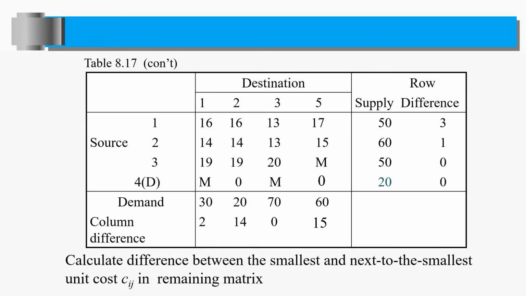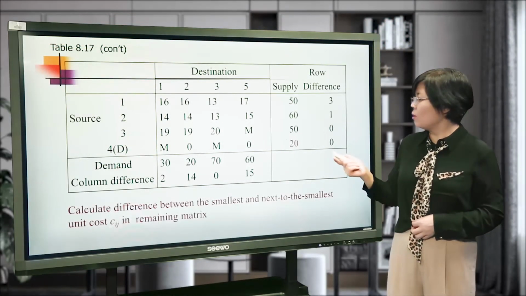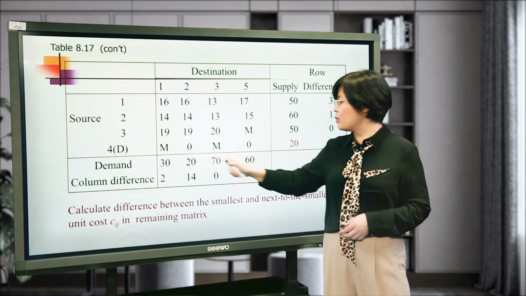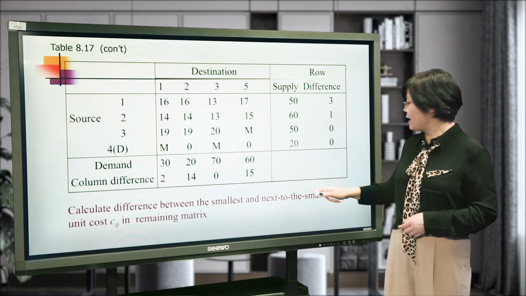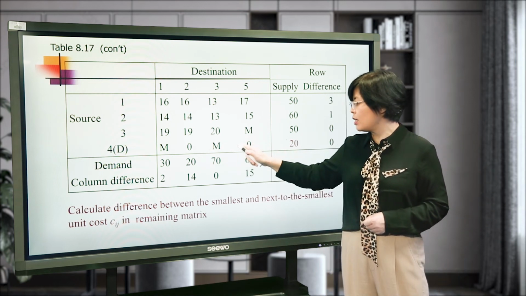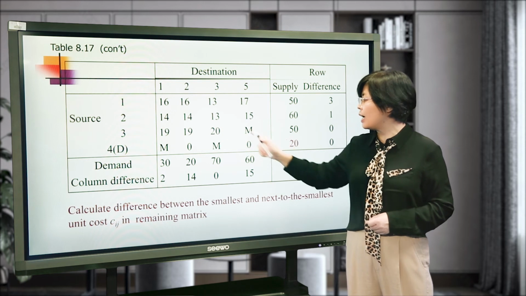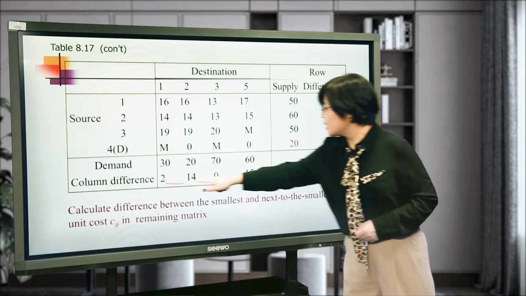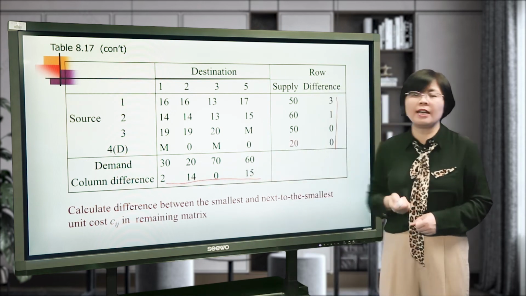We get a new matrix. Also, we calculate the difference between the smallest and the next to the smallest cost in the remaining matrix, and get this law and this claim.